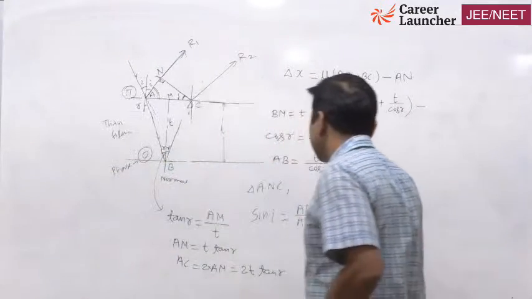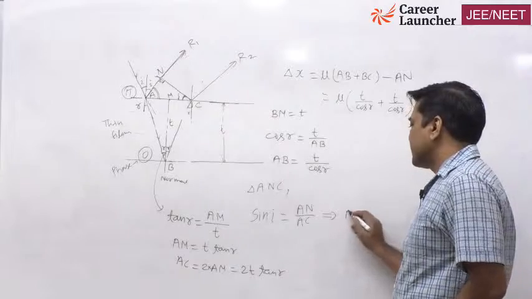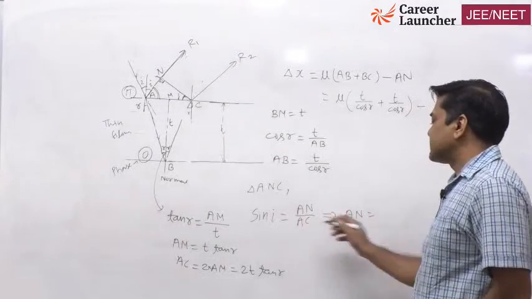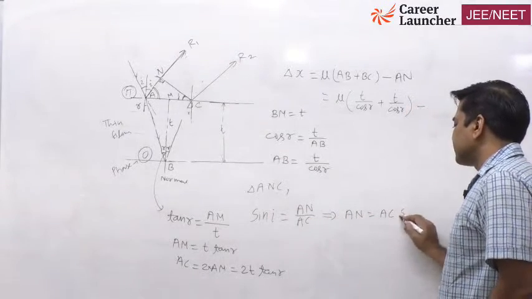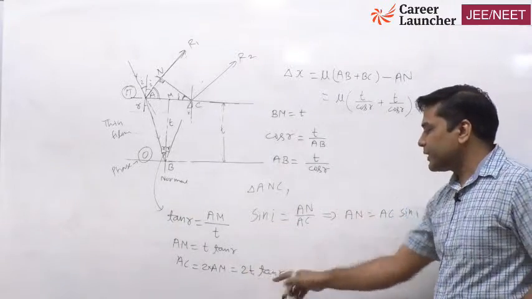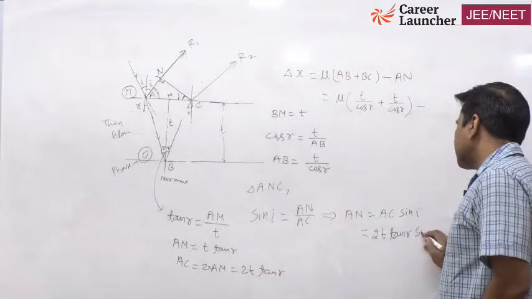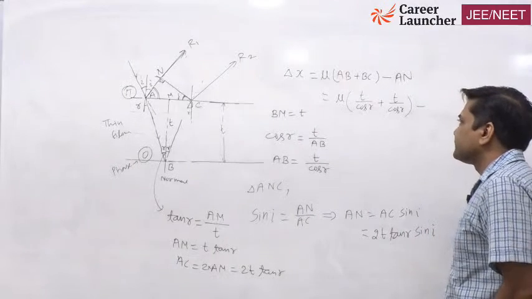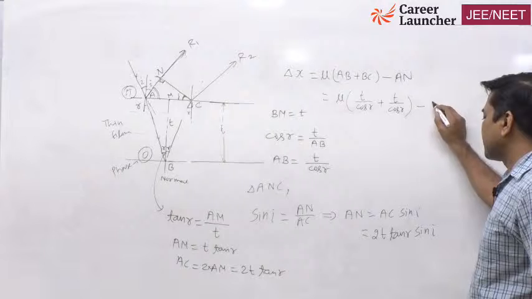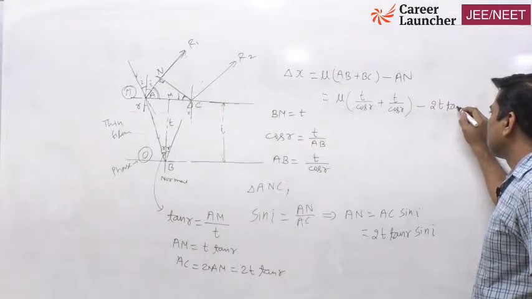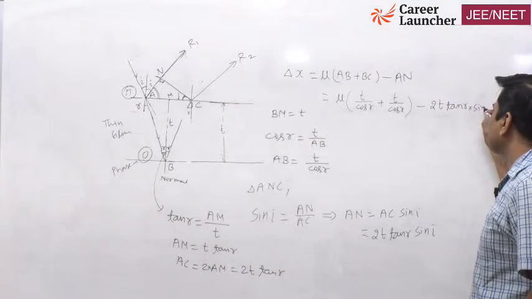So here it implies AN equal to AC sin I, and AC I have calculated over here, which is 2t tan r into sin I. So we'll write over here 2t tan r sin I.